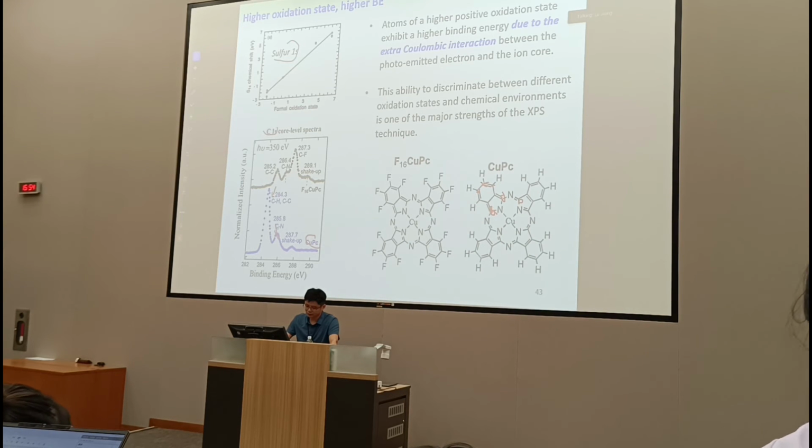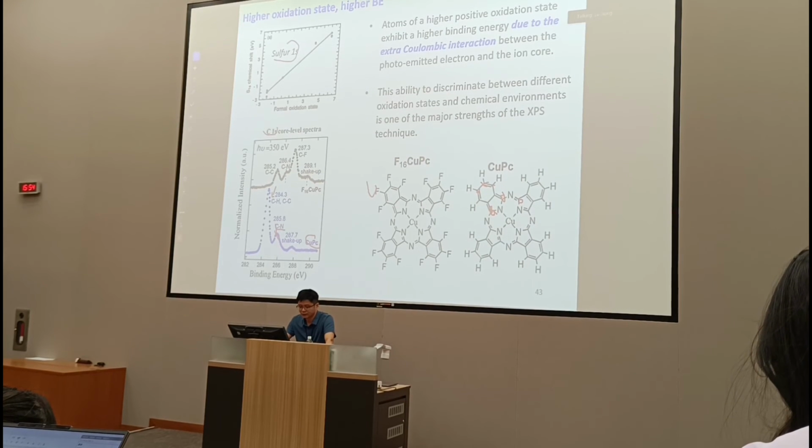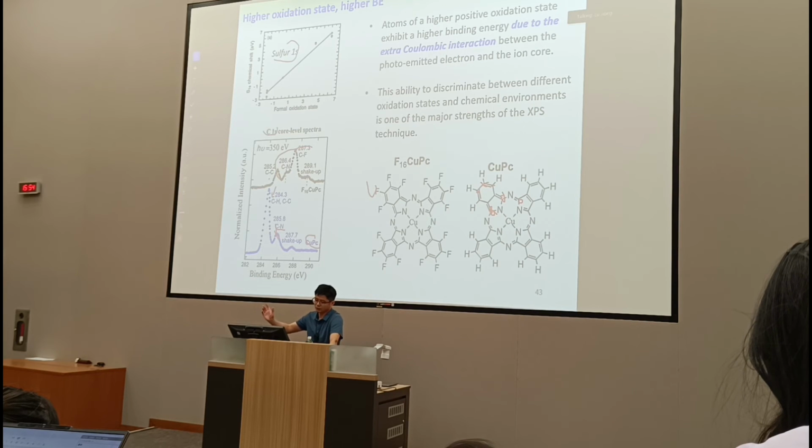The carbon that connects to the nitrogen shows the higher binding energy. Nitrogen has a higher electron affinity, right? That makes this carbon more positively charged, so it increases the binding energy. Then, if you replace all the hydrogen with fluorine atoms, which tend to grab the electrons, you see all these peaks shift to the high binding energy.